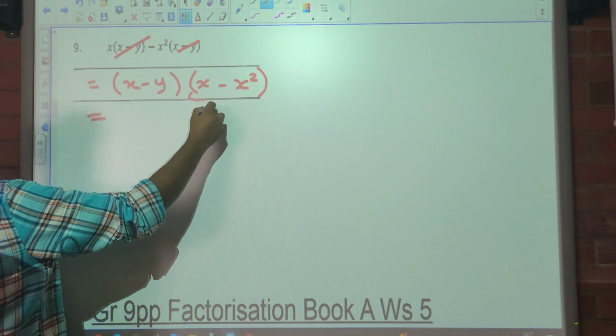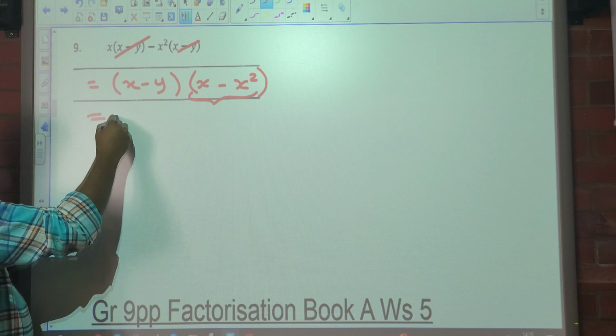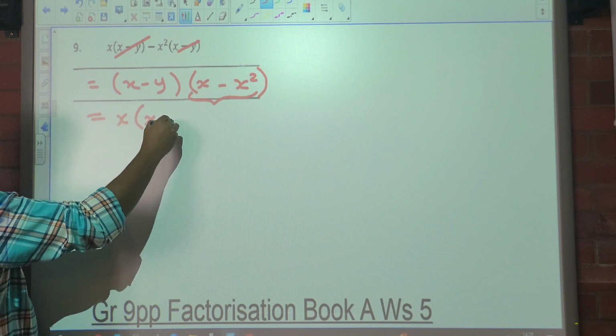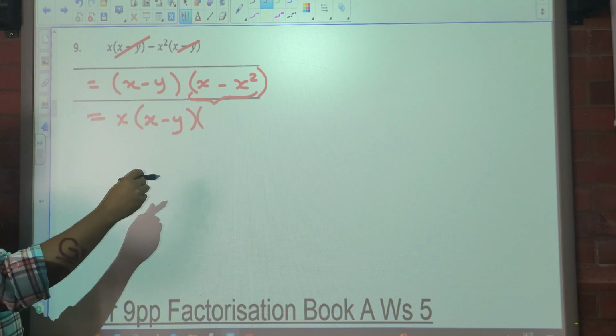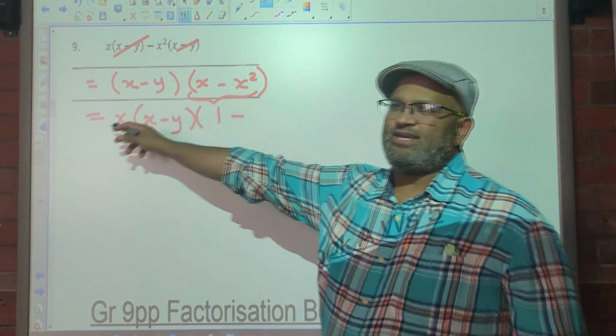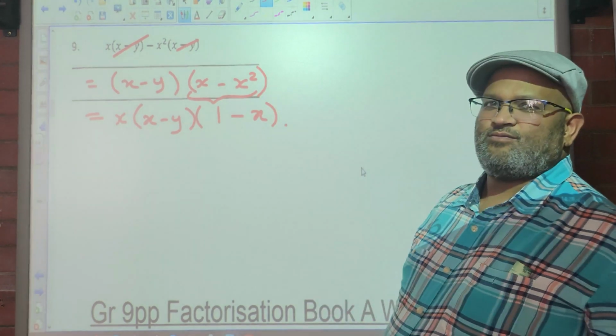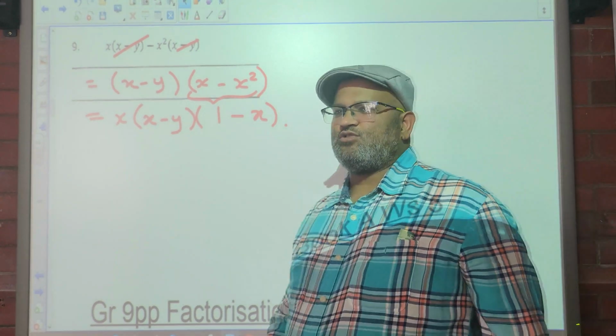So what is common in the second bracket? X. Then what am I left with? X divided by x is 1, minus x squared divided by x, which is x. And there we go. For homework, I would like you guys to do the even numbers.